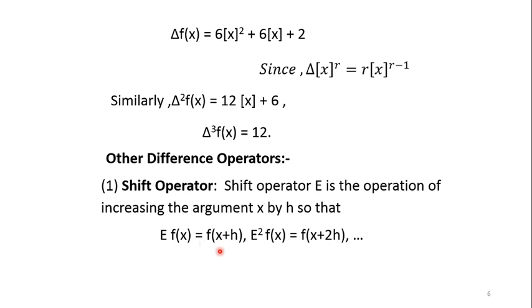When you repeat this process a second time, one more h is added, giving x plus 2h. In general, the nth order shifting operator is E^n of f of x equals f of x plus nh.